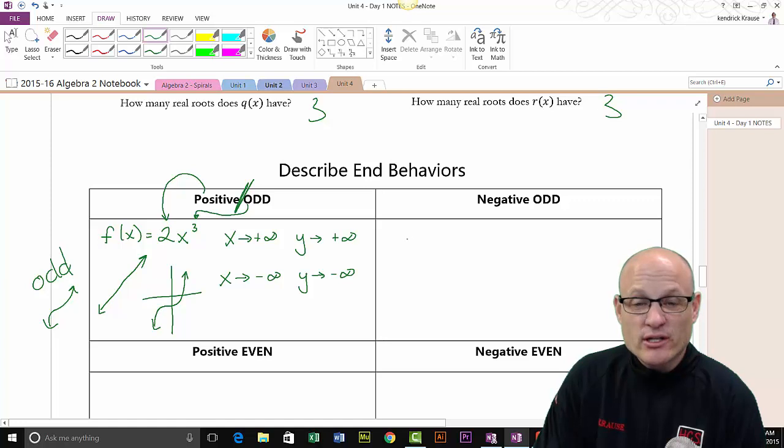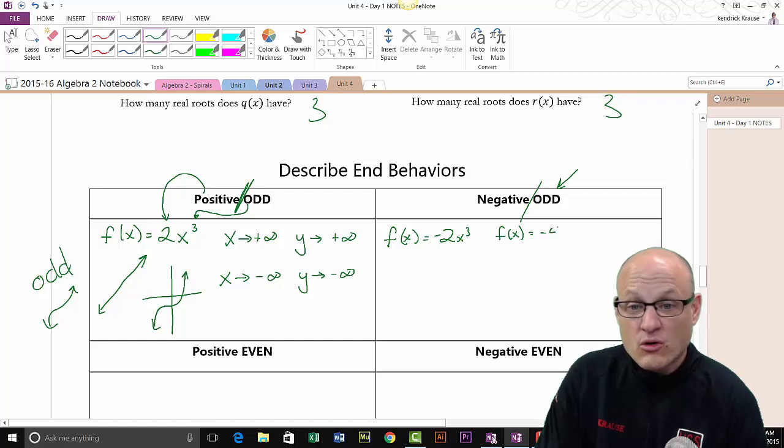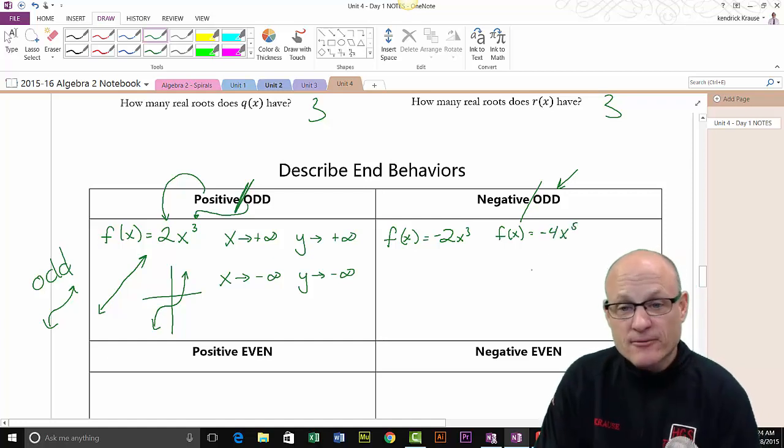Negative odd. Negative leading coefficient, odd degree. So that would be something similar, but negative 2x cubed. Or f of x is equal to negative x to the 5th. It doesn't really matter.